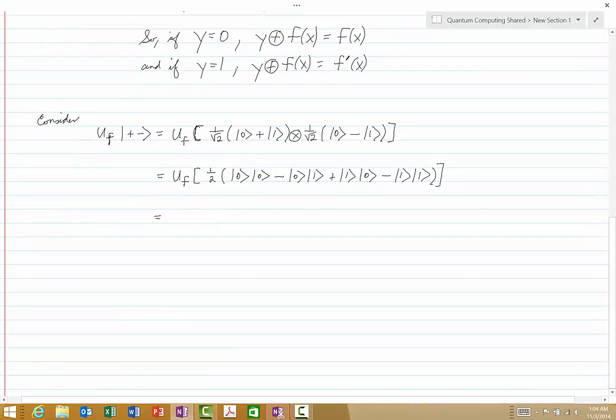And so now we can pull out the 1/2, and this becomes U_f of 0,0 minus U_f 0,1 plus U_f 1,0 minus U_f 1,1.